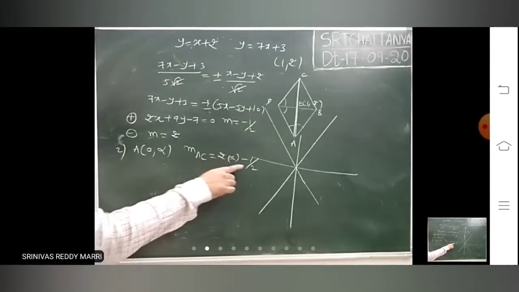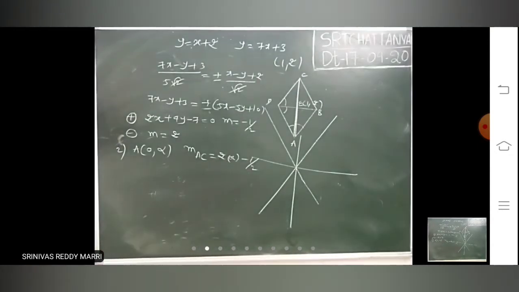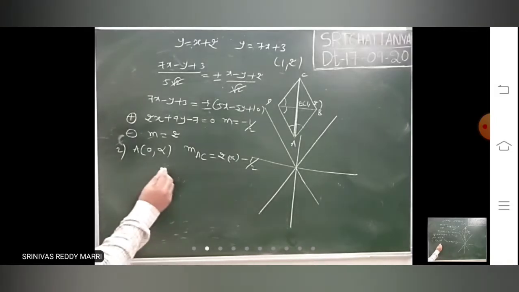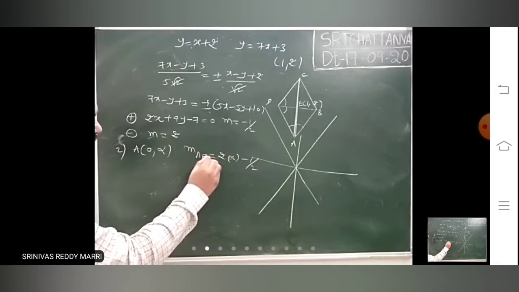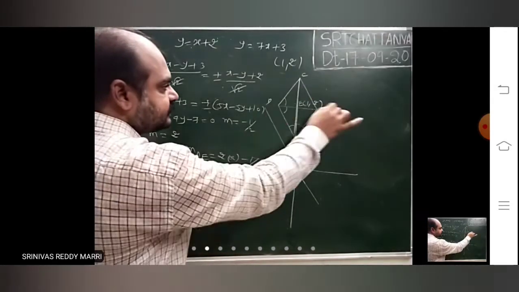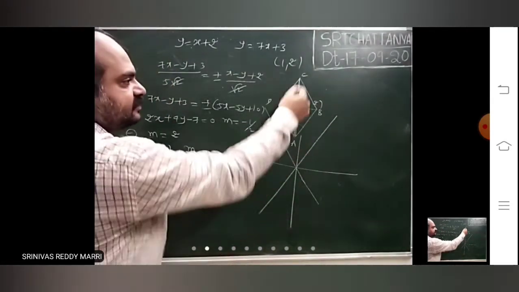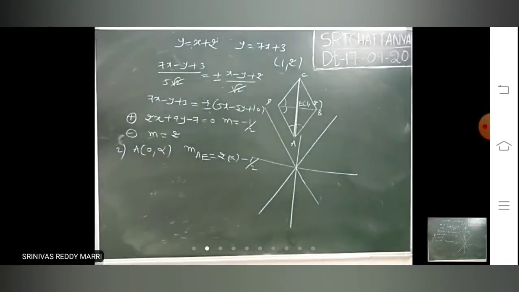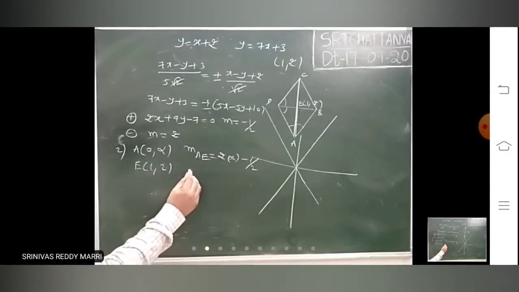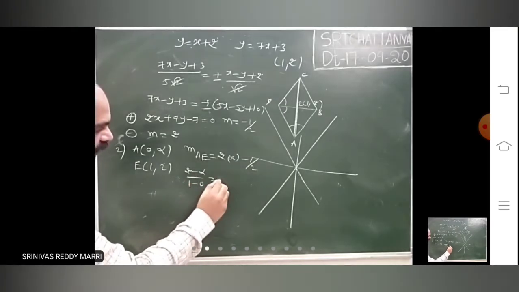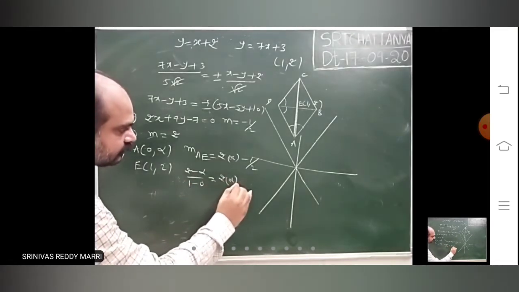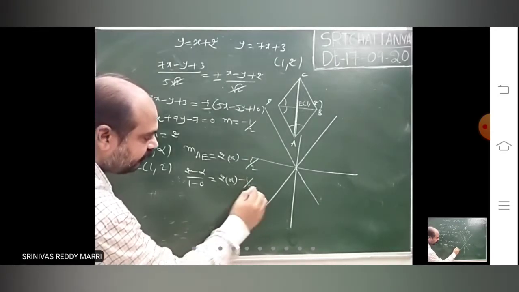That means the slope of AC can be anything like this. This is (0, alpha), the slope of AE or AC, whatever it may be, is the same. The slope of AC is the slope of AE. So therefore, the point E is (1, 2). So the slope of this is nothing but 2 minus alpha divided by 1 minus 0, which is 2 or minus 1 by 2.